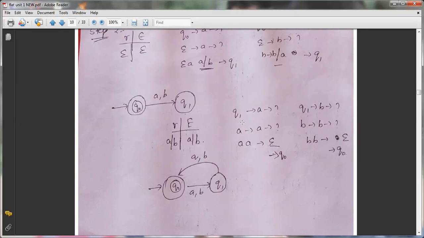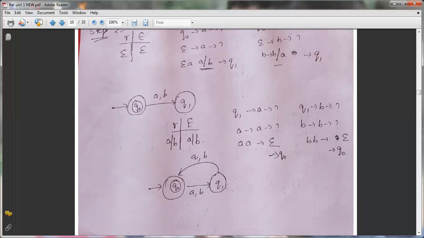So again, we have to check here. Q1 on A is going to where? We don't know. What is the read value for Q1? It may be A or B, so you can take any value here. I am taking it as A. So A on A is going to where? We don't know. A is there. But what do we need?